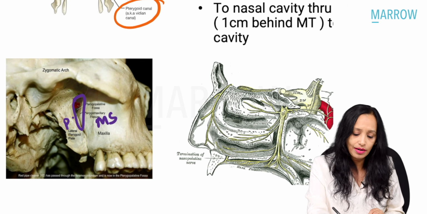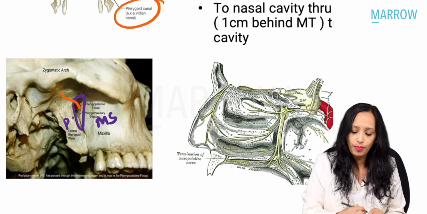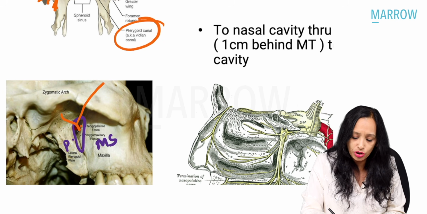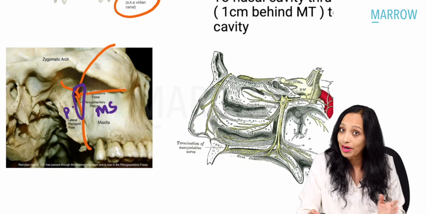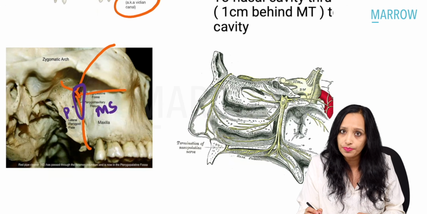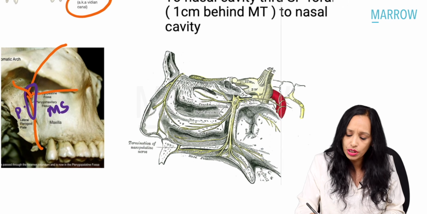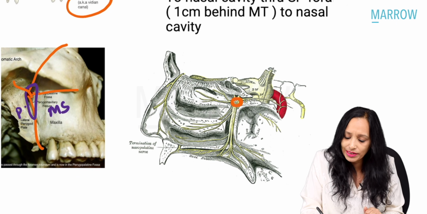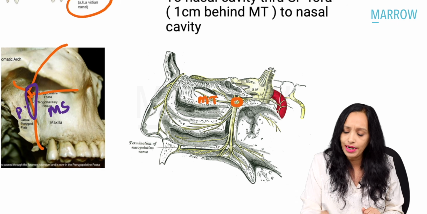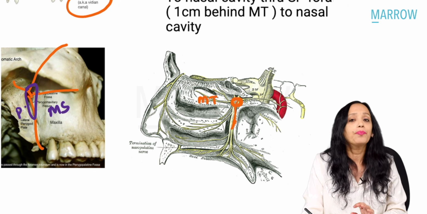Now once the maxillary nerve has come into the sphenopalatine fossa, it will give sensory branches to the orbit, to the maxillary sinuses, to the palate, the greater and lesser palatine nerves, and also to the nose. The branches to the nose will enter through the sphenopalatine foramen 1 centimeter behind the middle turbinate, and they will come to supply the nose.